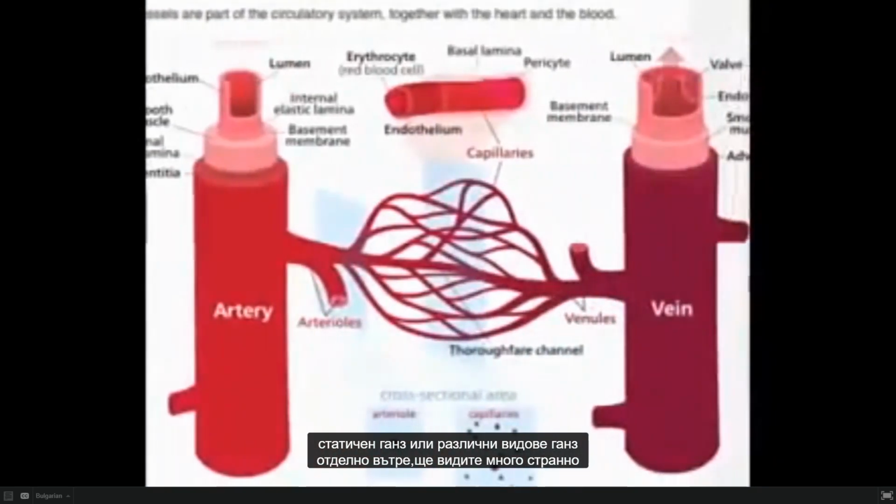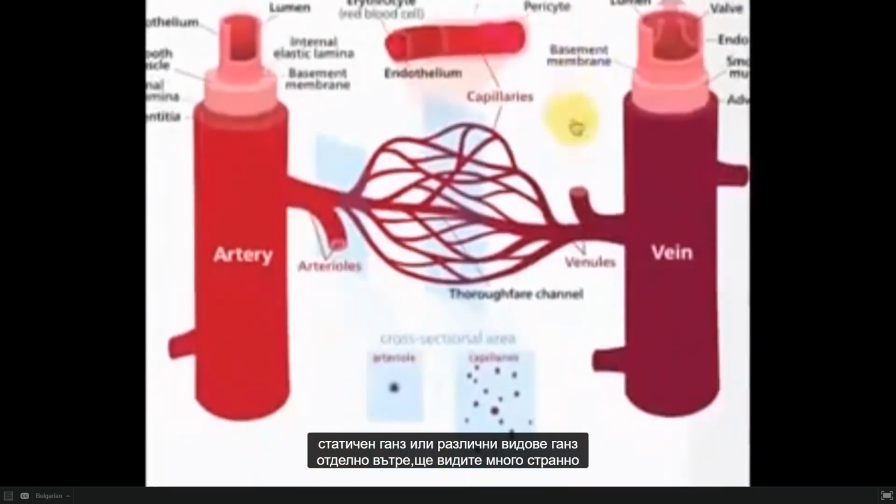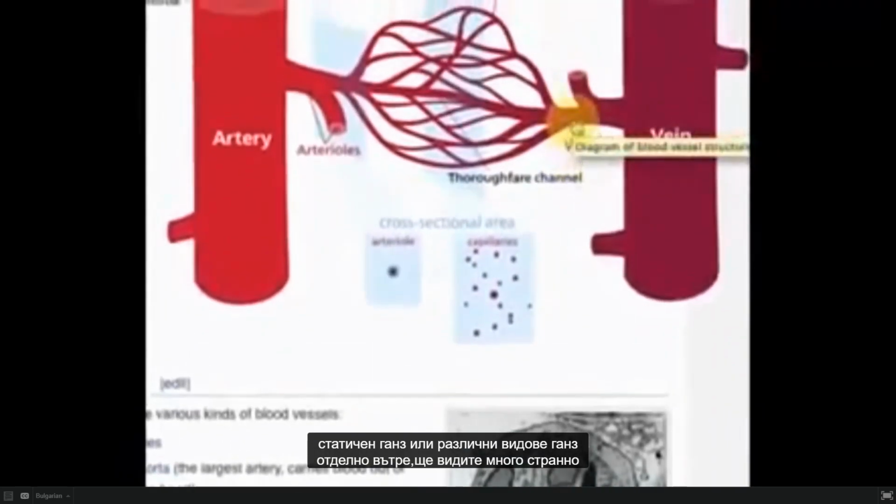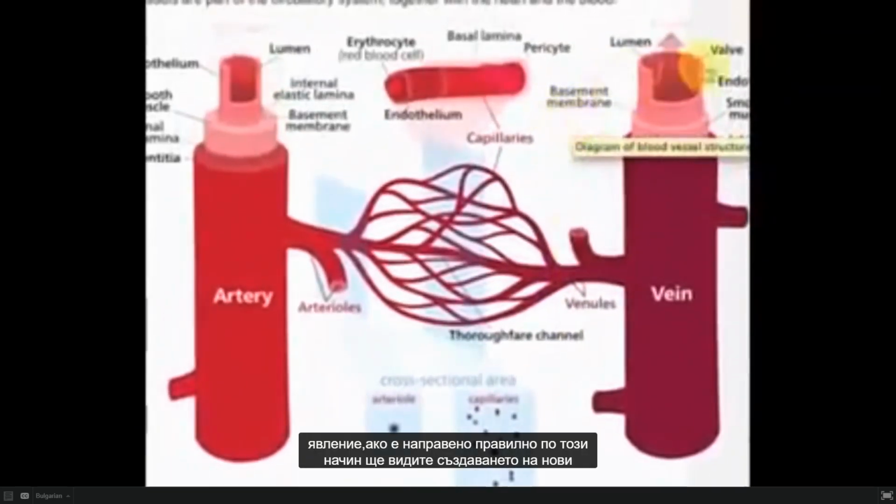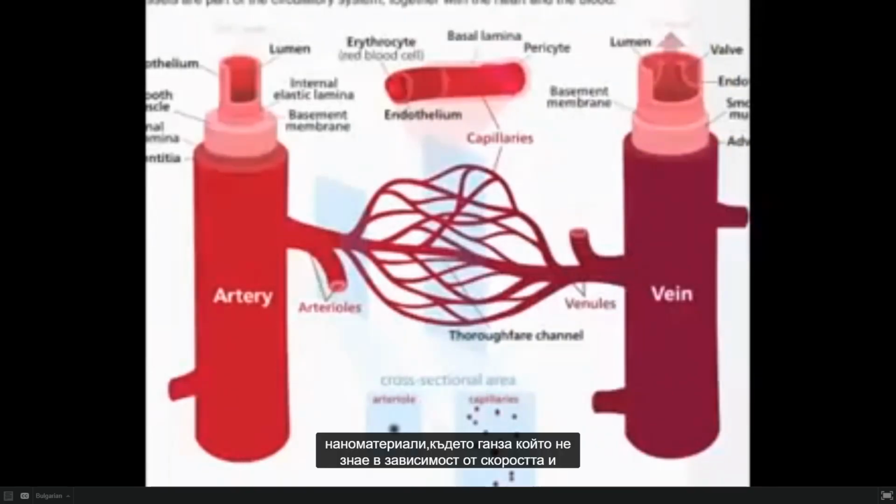And I explained to him that he's got to put this section where the two fields of flow counter each other. If he puts in a static GANs or different kinds of GANs separately inside, you will see very, very strange phenomena. If it's done the right way, you will see the creation of new nanomaterials, GANs which were not known.